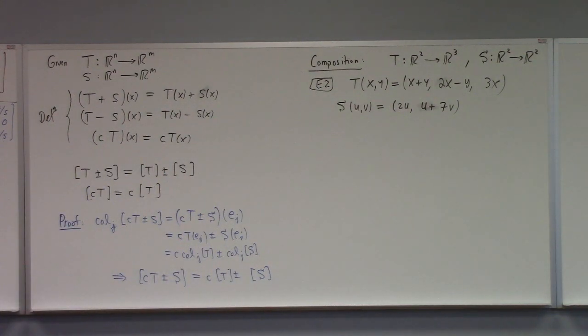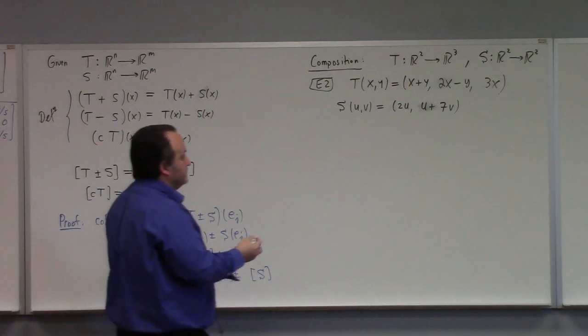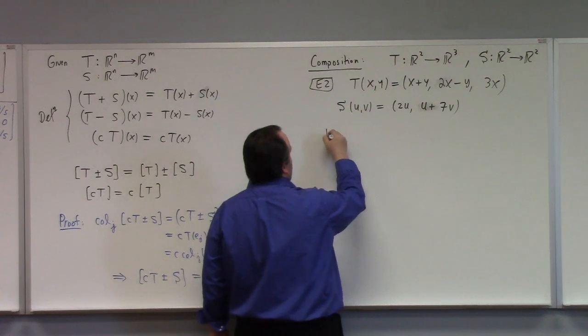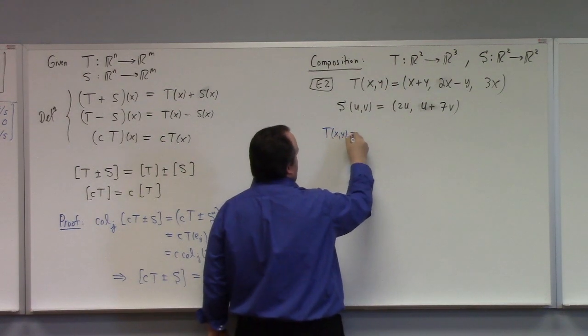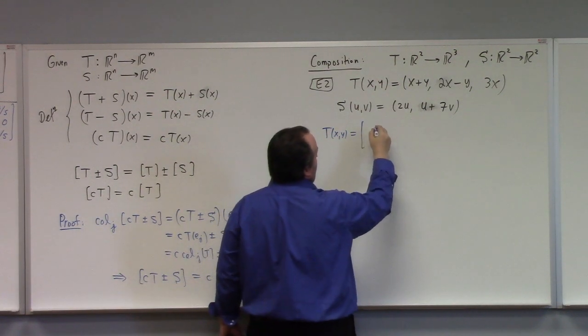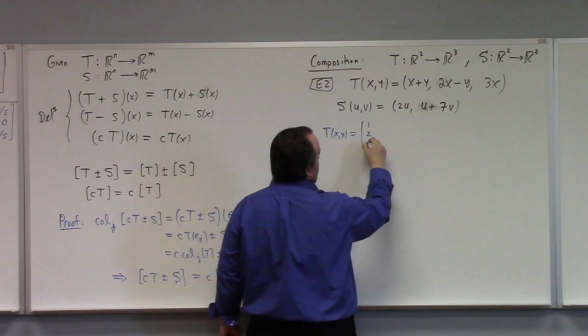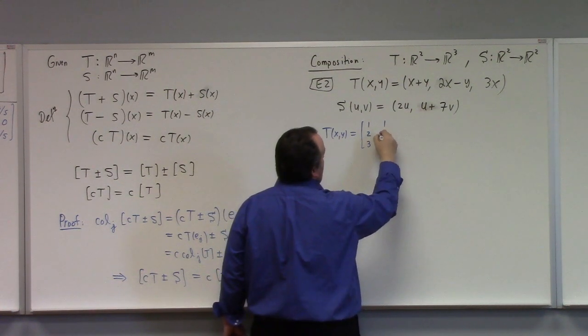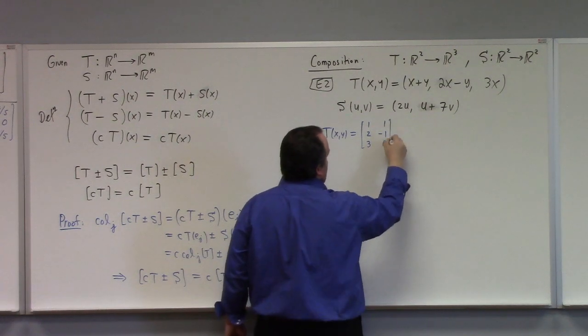I'll let you guys catch up with me. So I'm going to study, for the sake of illustration, two linear maps, right? Are these linear? What do you guys think? Notice T of (x, y) is equal to the matrix 1, 1; 2, minus 1; 3, 0 times (x, y), right?